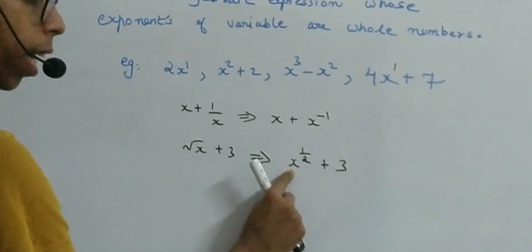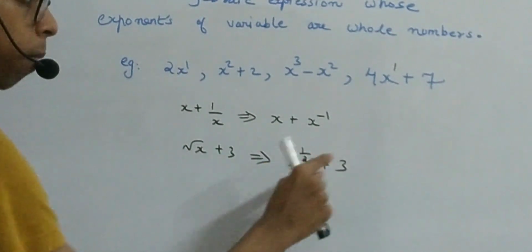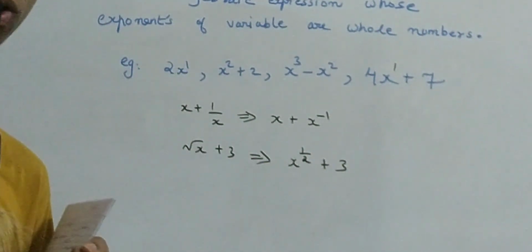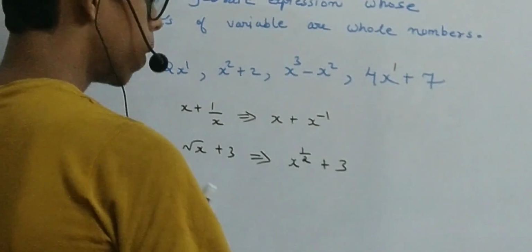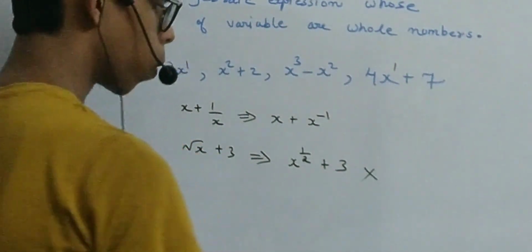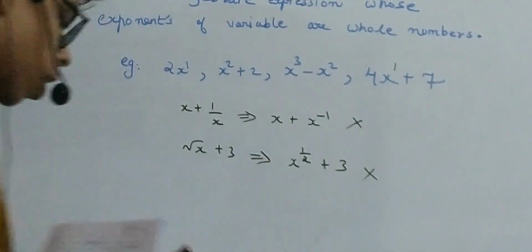Now look at the variable term. X is your variable and the power of the variable is 1 by 2. So is 1 by 2 a whole number? No, it is a rational number. So definitely this also cannot be a polynomial.